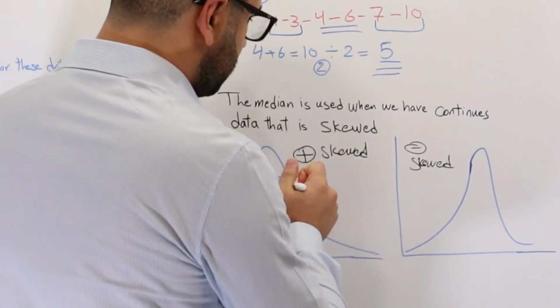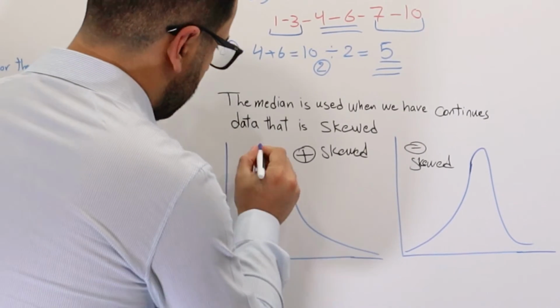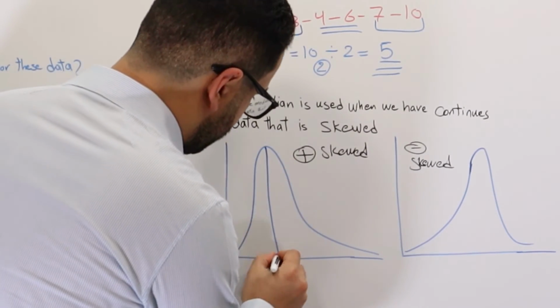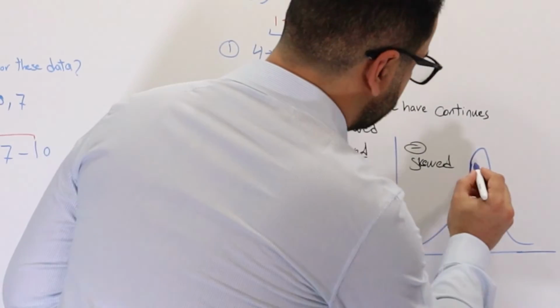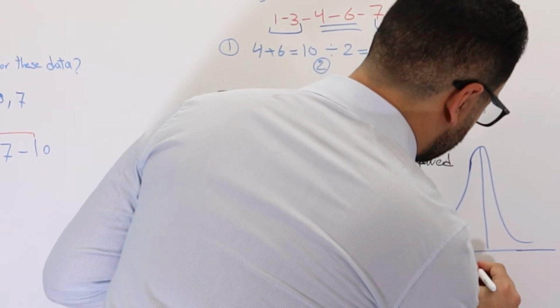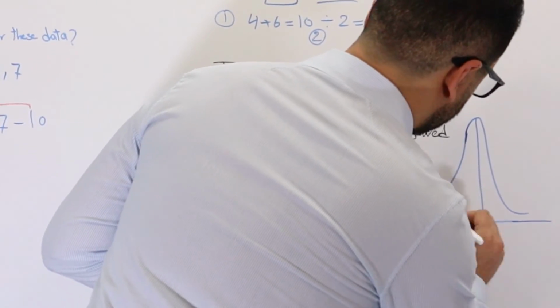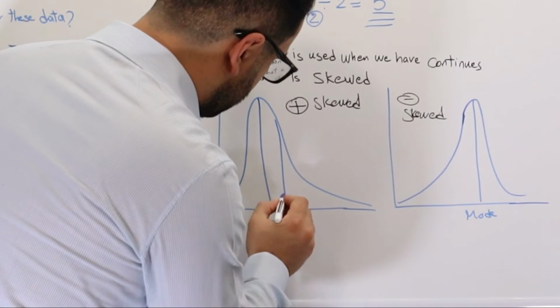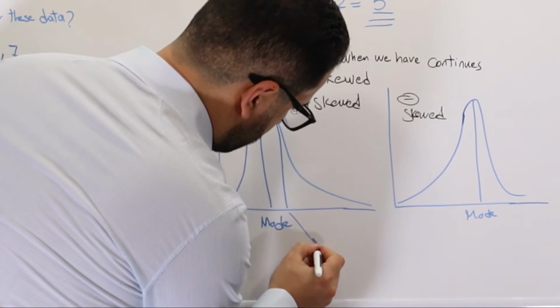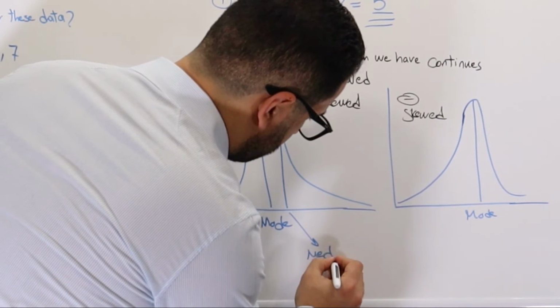In these cases, the middle value is going to be the mode in both cases. And the following value is going to be the median. So this one over here is the median.